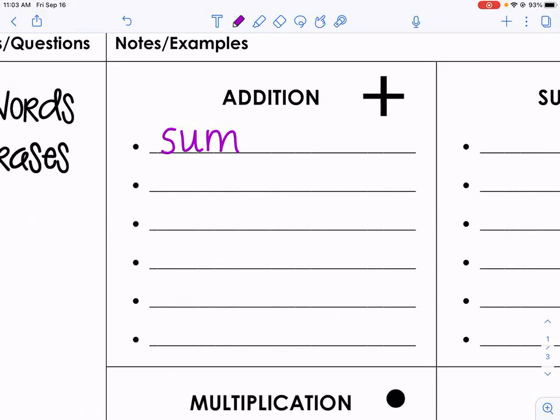What's a really simple way to say add these 2 numbers together? What is the sign called in between? A plus sign. So if we see the word plus, that means we need to add 2 numbers together.